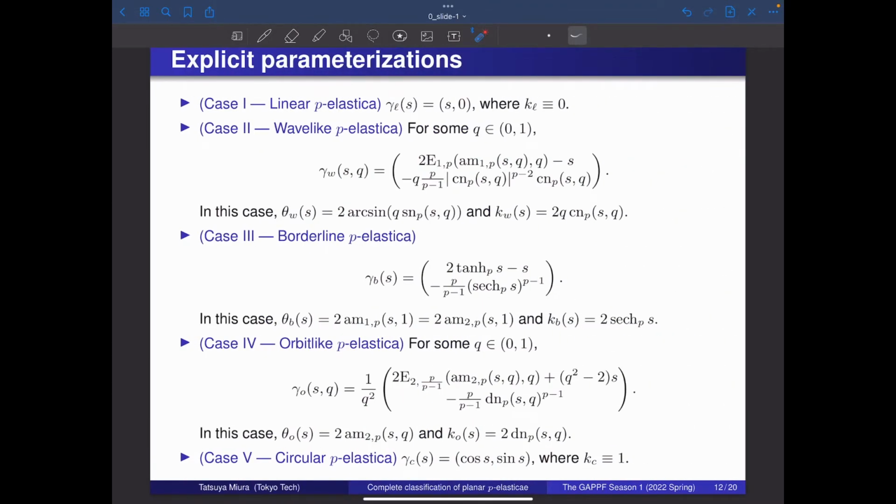And this corresponds to Watanabe's flat core solutions. Okay, so here are our explicit parameterizations. In case 1, we have just a straight segment, and in case 5, we have a circle, and in case 2, case 3, and case 4, we have some non-trivial expressions using p-elliptic notions. These p-elliptic notions are important materials in our formulae.